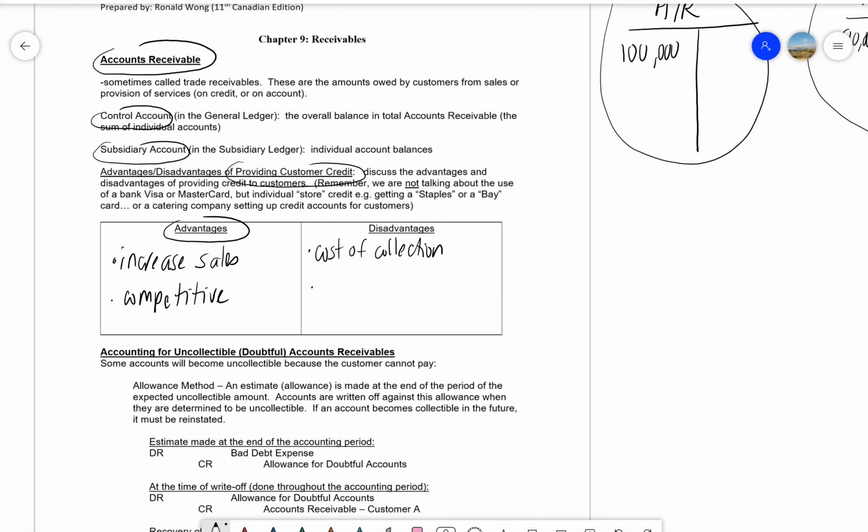There's also a delay in collecting the cash. We make the sale today, but we're not going to get paid for 30 days. And so there's going to be a delay in cash. And meanwhile, we have to pay for all of our inventory purchases and all of our expenses. So that's a big disadvantage to providing credit to our customer.